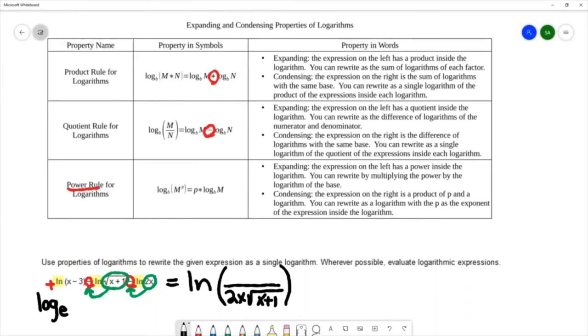And then finally, we have this factor of x minus 3, and it's on a positive log, so it will go into the numerator. So this expression condensed using the product and the quotient rule to become natural log of x minus 3 over 2x square root of x plus 1.